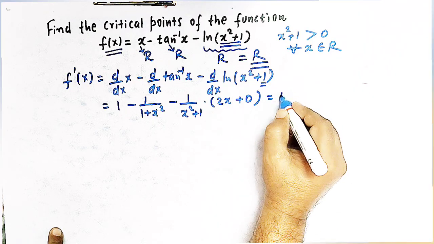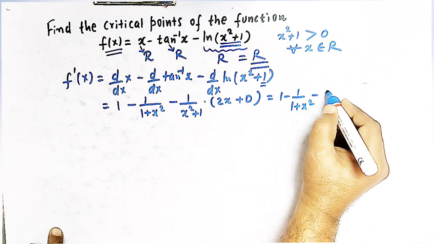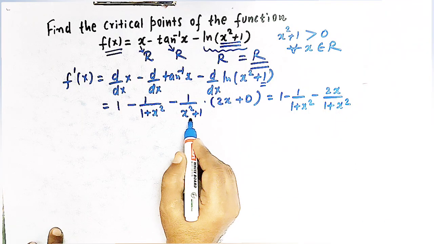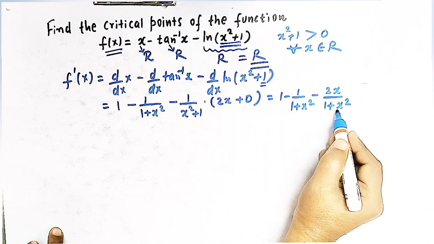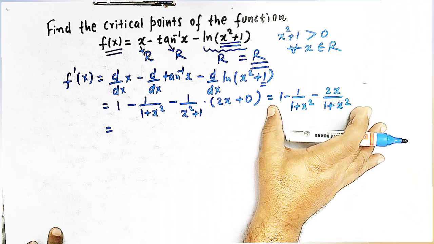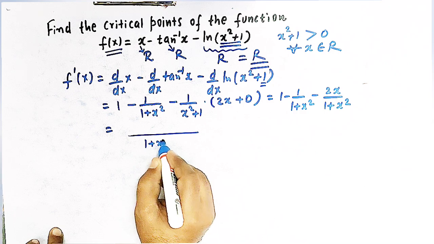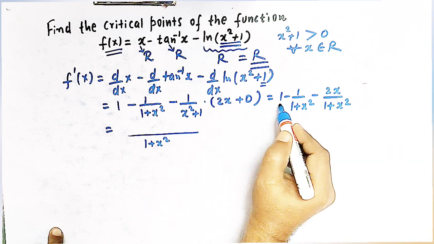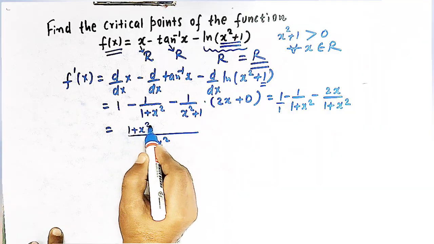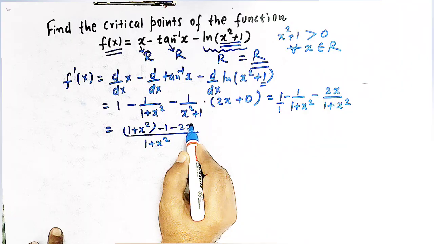So we now have 1 minus 1 over 1 plus x square minus 2x over 1 plus x square. We can write x square plus 1 as 1 plus x square. So now let us simplify this expression. Here we have 1 plus x square in the denominator. Here we have 1, so we have 1 plus x square, then minus 1 minus 2x.